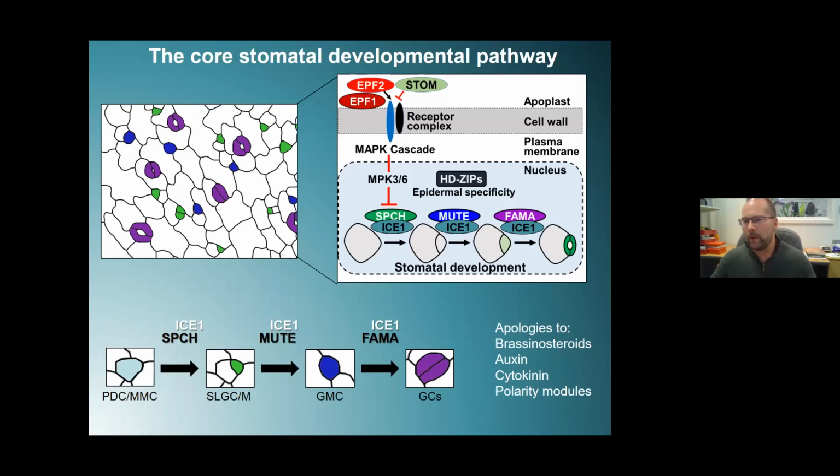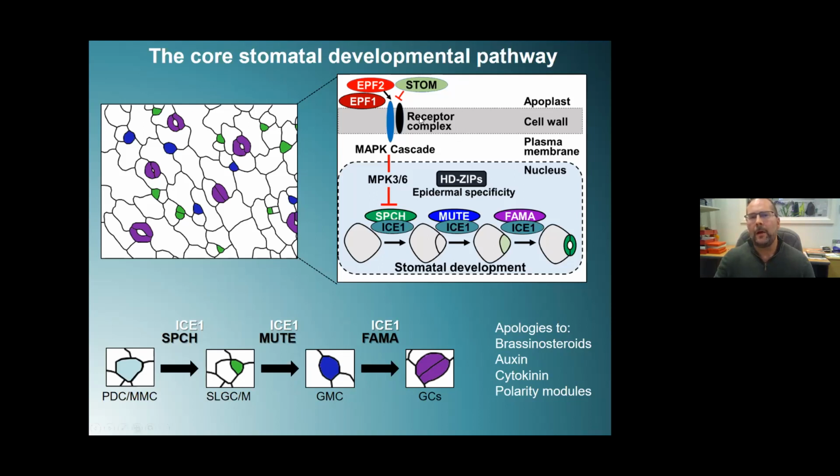So that's one level. But then let's just focus up here in this box, and we can see that also stomatal development is regulated by a receptor complex at the cell surface. And here you have members of the ERECTA family of leucine-rich repeat receptor-like kinases, and they form a complex with TOO MANY MOUTHS, which is a leucine-rich repeat receptor-like protein, and SERKs as well.